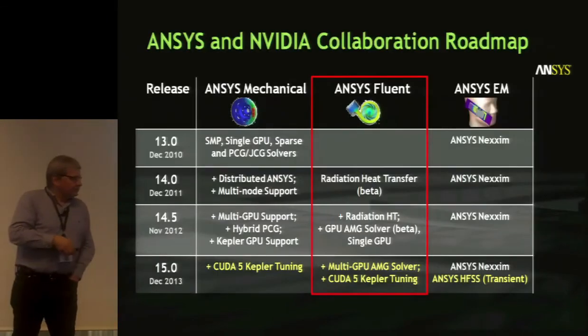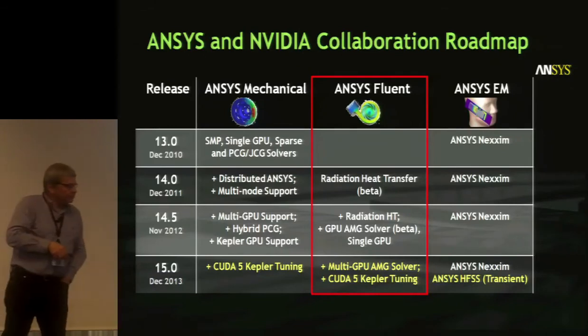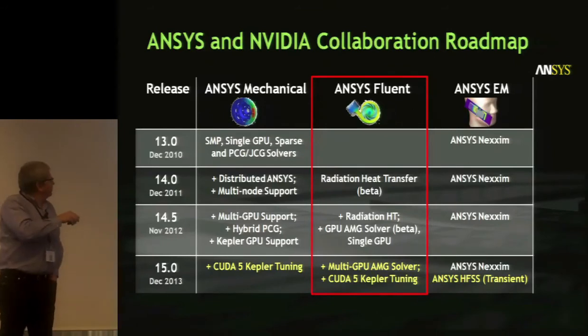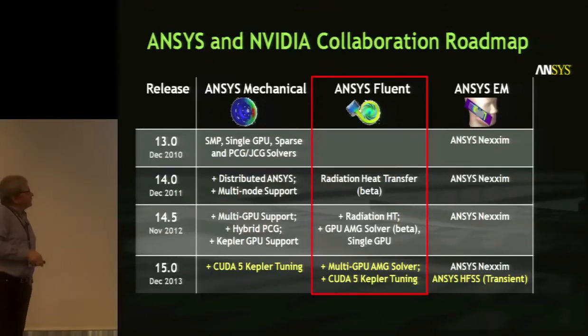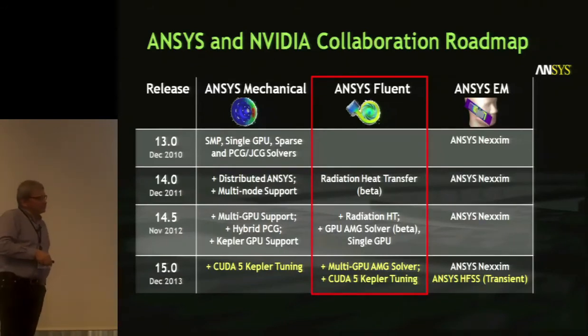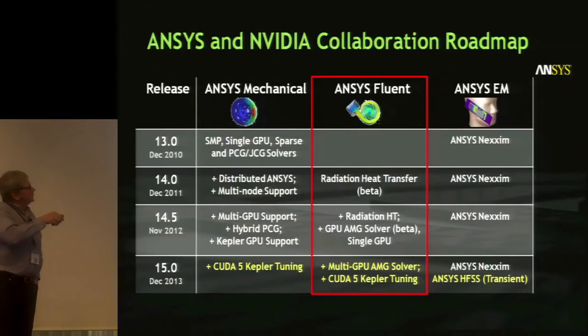CFD, ANSYS Fluent. I mentioned the long collaboration. For Fluent, the first GPU accelerated version was for the radiation heat transfer in version 14.0. In 14.5, this was a fully supported feature, and also this was the first version which introduced the AMG solver, the so-called AmgX solver, which was developed by NVIDIA and integrated into ANSYS Fluent.